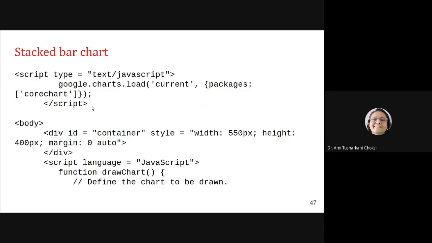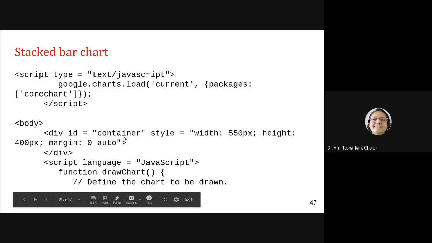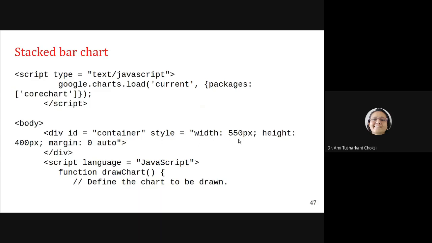After that, what we have to do is in body, we are specifying div id that is equal to container. Now where will this be used? When we are having getElementById, at that time we'll use the id that is container. Style is width colon 550 px, height is 400 px, margin is 0 and auto, right?